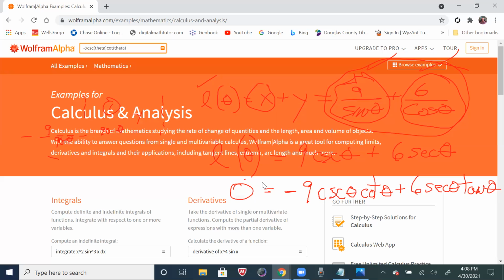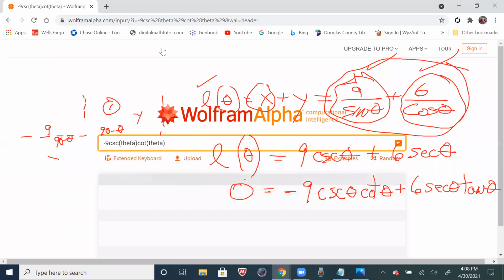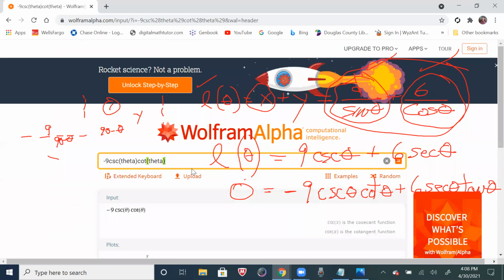Maybe if you can do it, go ahead and do it, because I'm having a little problem with Wolfram Alpha here, figuring out how to put this in. What happens if I click this equal sign? No, this might do it. Oh, here we go, I got it. So I want that to equal negative 6 secant of theta times tangent of theta.